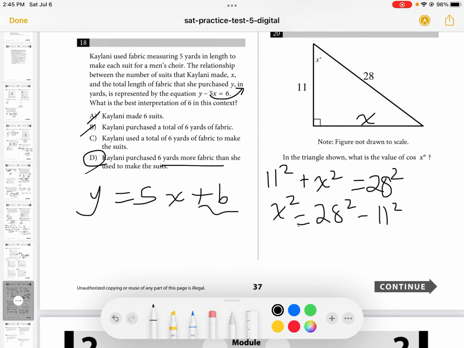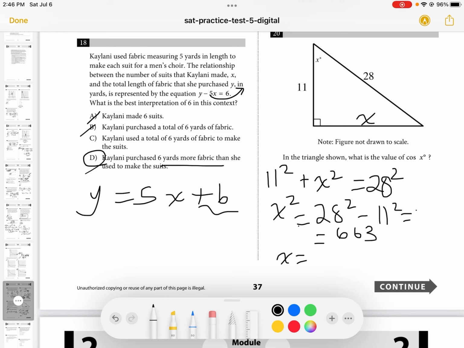which is, let me calculate that. 28 squared minus 11 squared is 663, right? 663. So x will be equal to, so what are the factors?